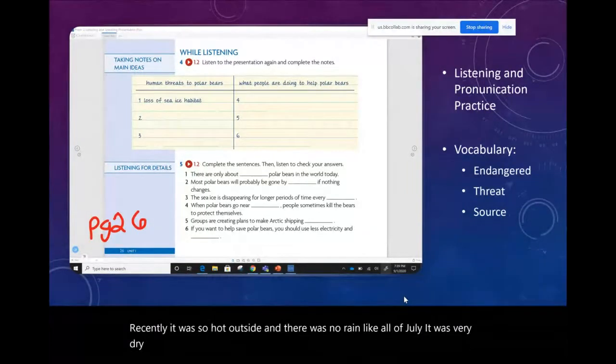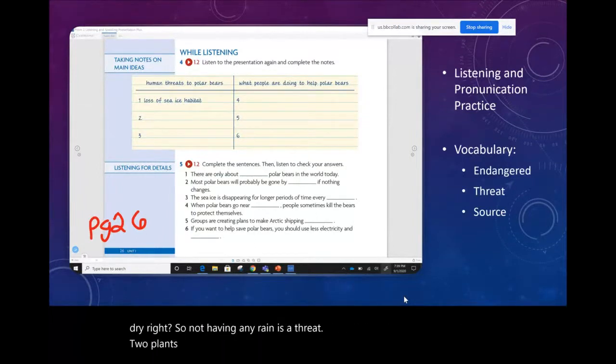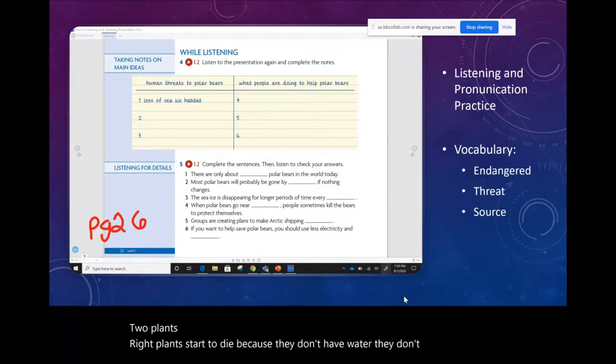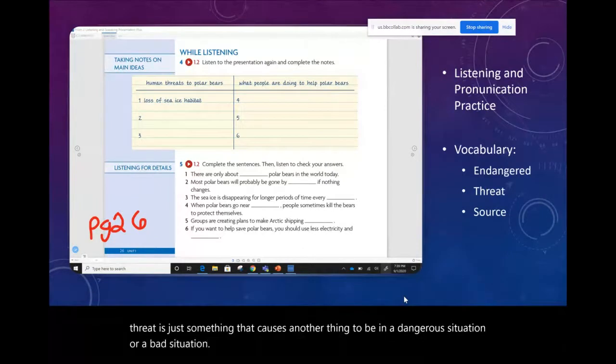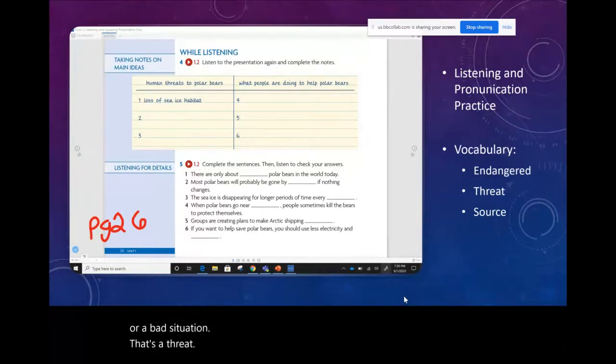So not having any rain is a threat to plants, right? Plants start to die because they don't have water, they don't have rain. So threat is just something that causes another thing to be in a dangerous situation or a bad situation.